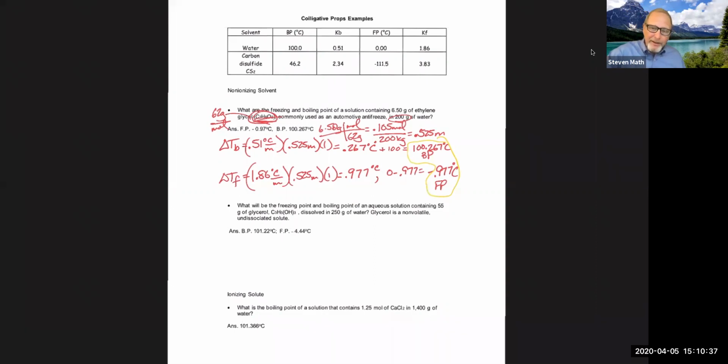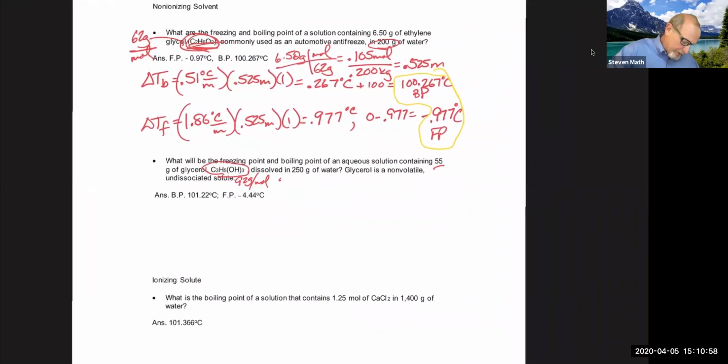We have the same thing coming up now, where we've got 55 grams of glycerol, C3H8O3. I checked that out. That molar mass is 92 grams per mole. So let me do that real quick. Blow this up a little bit.